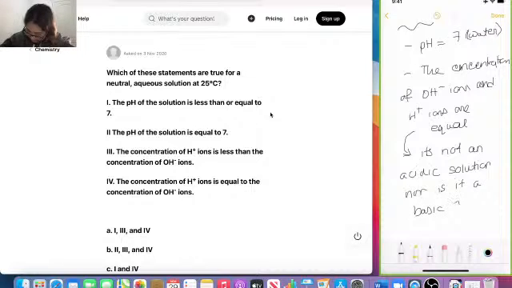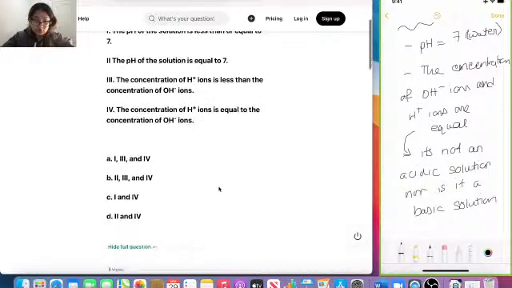You can say it cancels each other out and you have a neutral solution. So in this case, the answer would be statement 2 and statement 4.